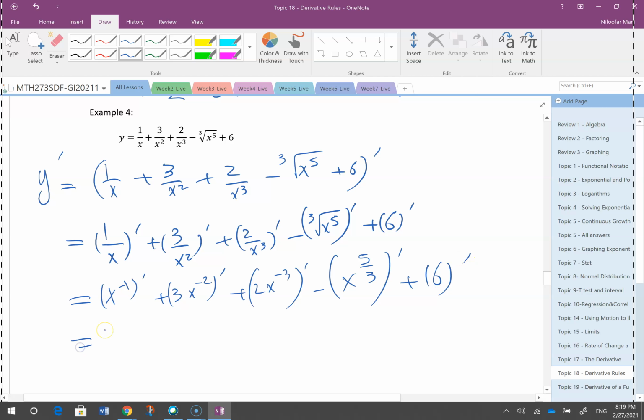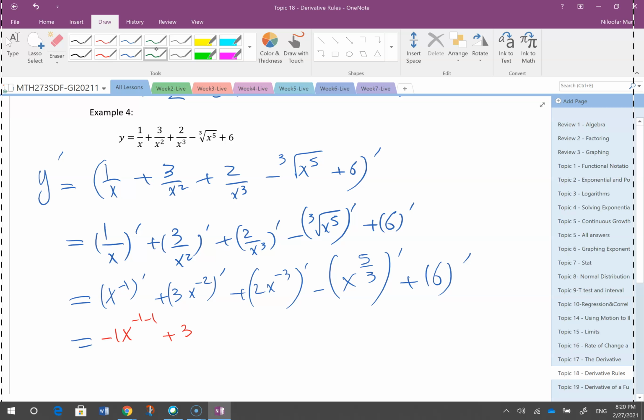So here this is minus 1 x to the power minus 1 minus 1. Here it is 3x to the power, sorry, 3. I can do it one by one, step by step.